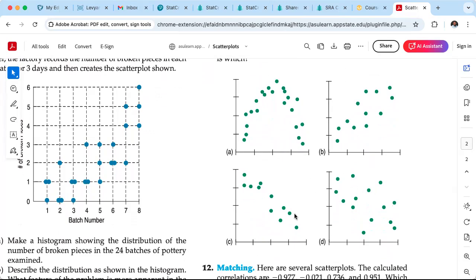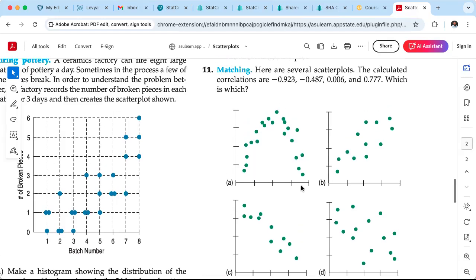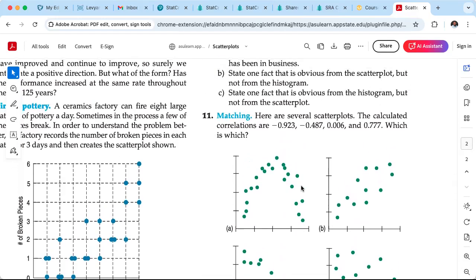You agree with C. So now we know that if it's negative direction, the sign of R should be negative. We have these two here. Which of these two should go for C? Negative 0.923. Why? Because it's closer to negative 1.